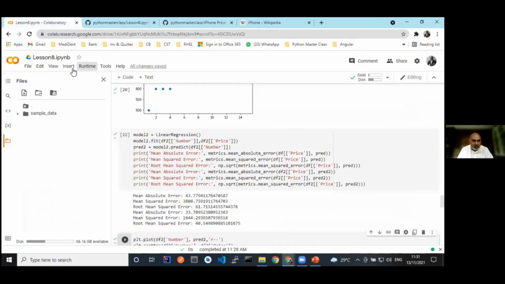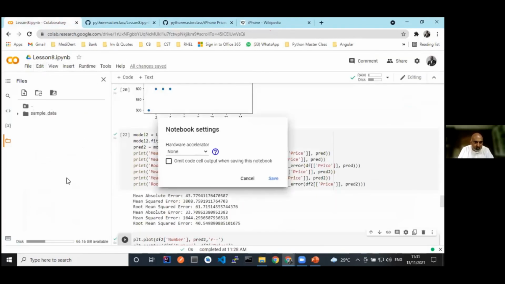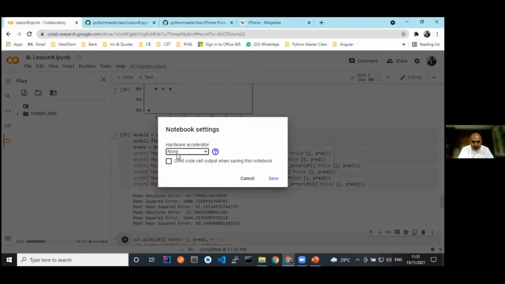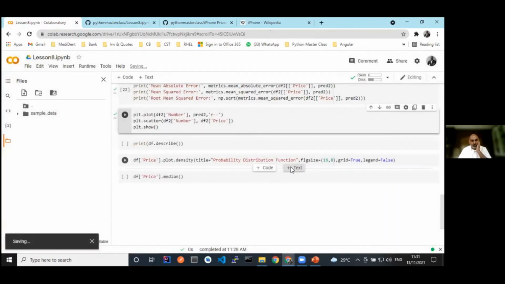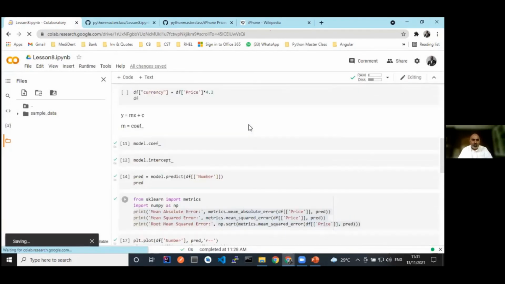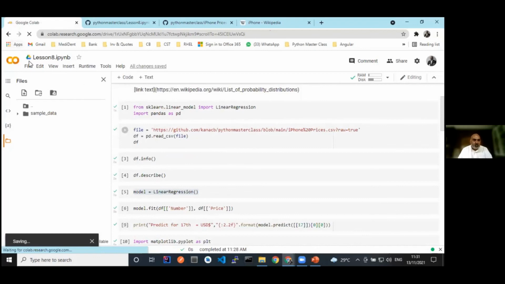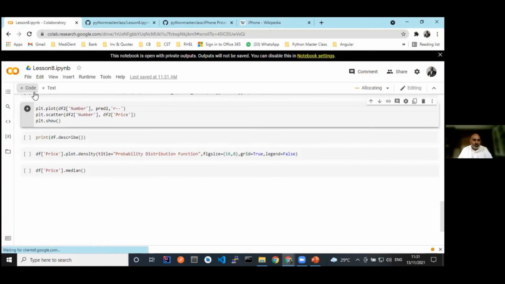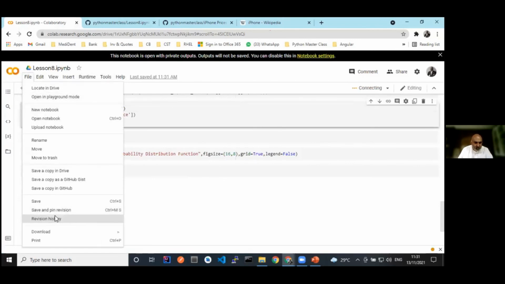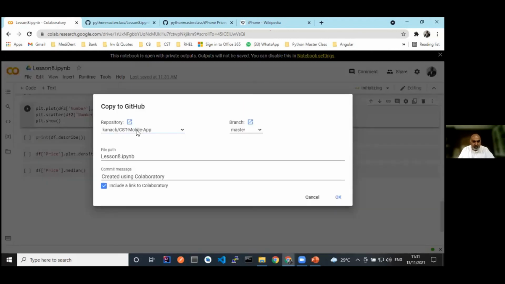I will try to create in the settings, I will make it such that it doesn't capture the test. I want you to run the test by yourself. So I will file save to GitHub.